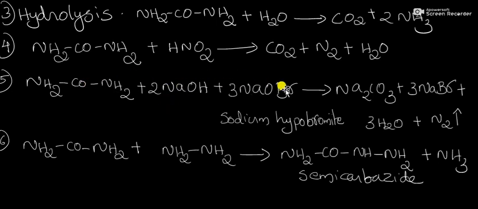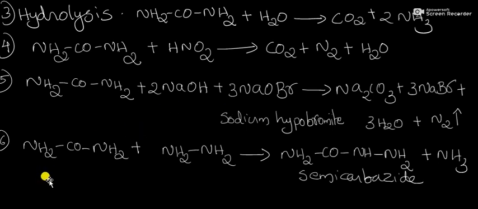Urea evolves nitrogen, N2, quantitatively. That is urea plus NaOH plus NaOBr gives Na2CO3 plus 3 moles of NaBr plus 3 moles of H2O plus N2. And this reaction forms the basis of the hypobromite method for the estimation of urea that we will discuss later.